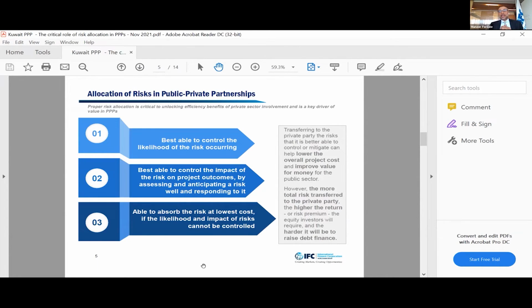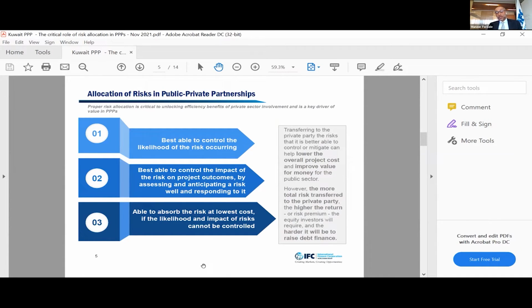One of the tendencies I have seen in advising our government clients is to try to allocate a lot more risks on the private sector. Two things can happen. One of them is that each risk is priced, and the pricing could be much higher for the private sector than the public sector. Let's say, for instance, a land contamination risk. That risk, or a pre-existing condition risk, should be taken up by the public sector.